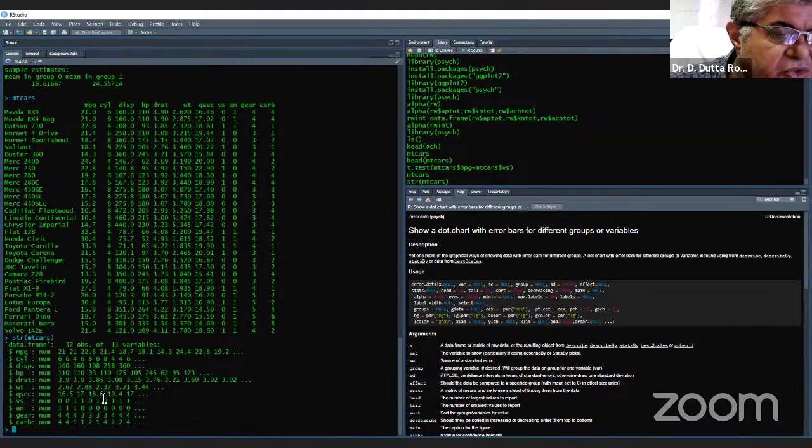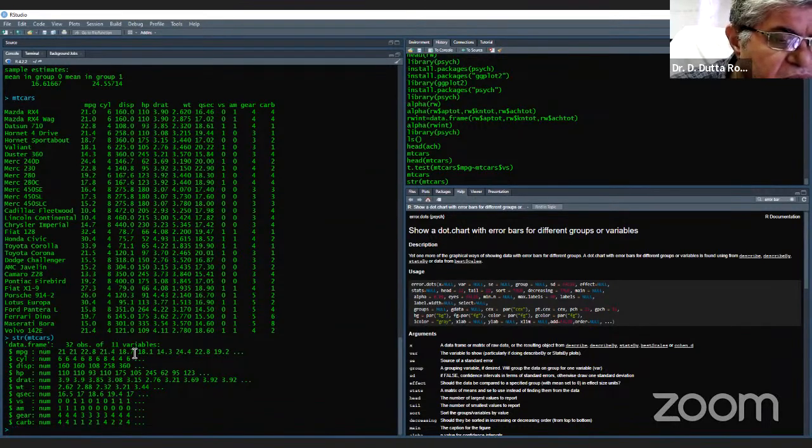Okay. So you will find that there are 32 observations and 11 variables. 11 variables means 11 columns, and 32 observations. So these are the 32 observations. And you will find this mpg. It is num, meaning numeric. Everything is numeric.